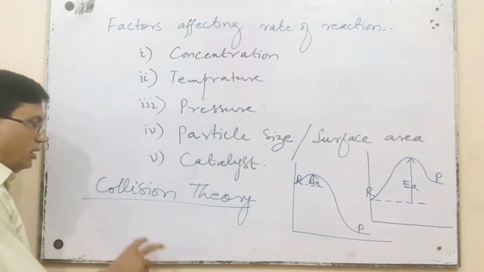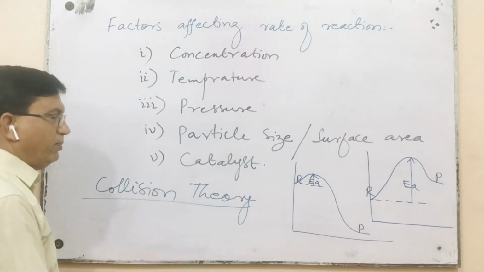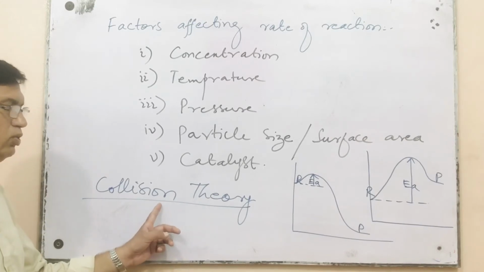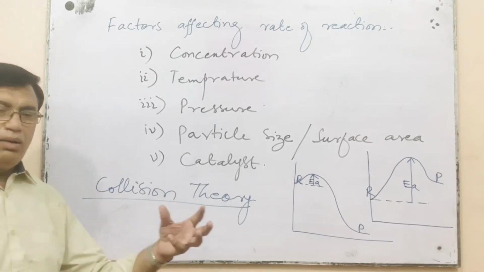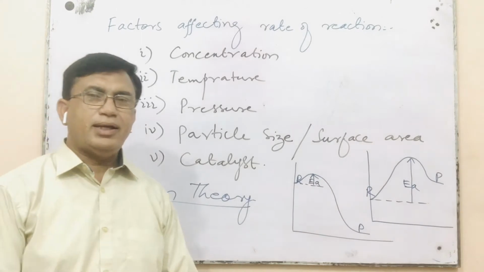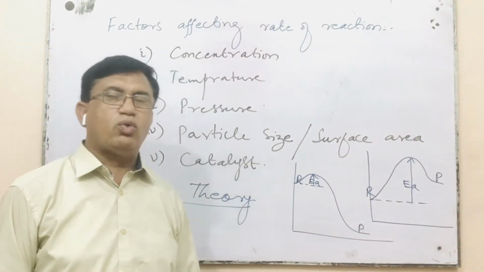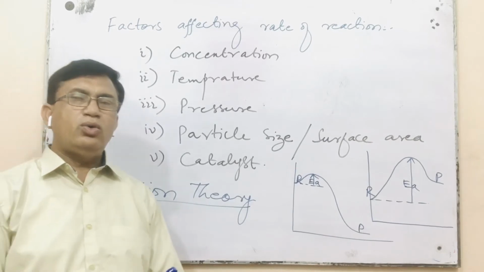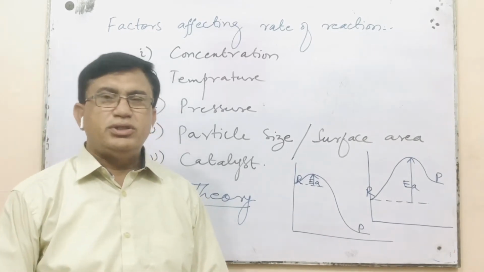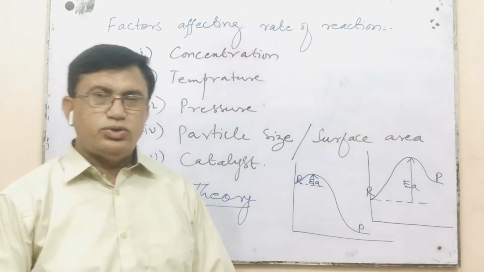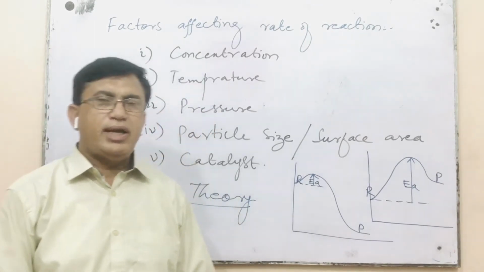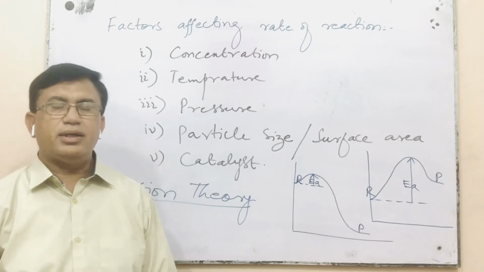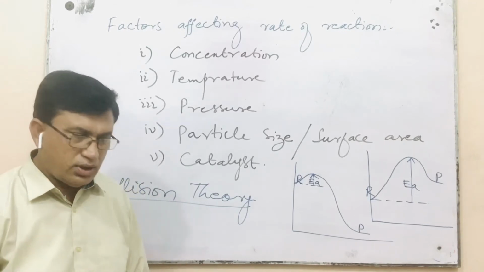So, whenever we perform a reaction according to the collision theory, molecules of the reactant substances will collide with themselves, and due to those collisions, energy is produced which will convert reactants into products.